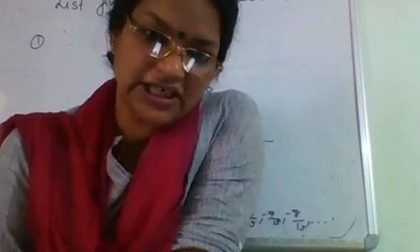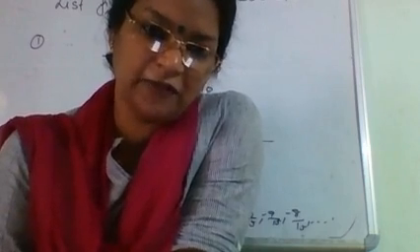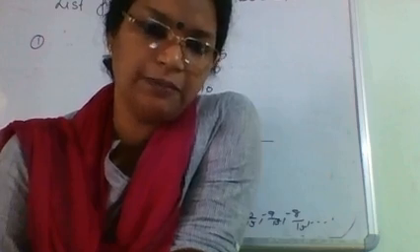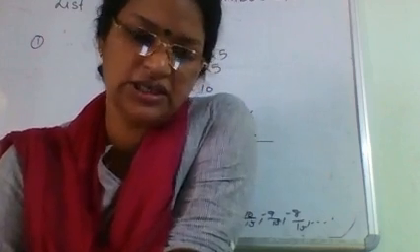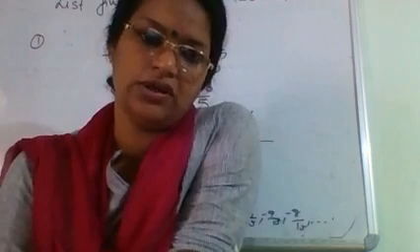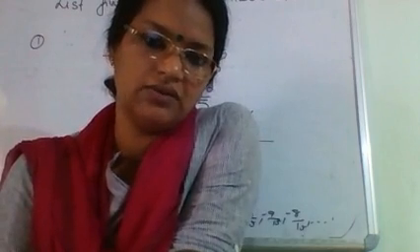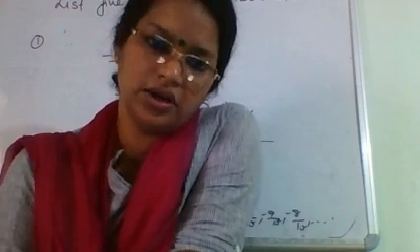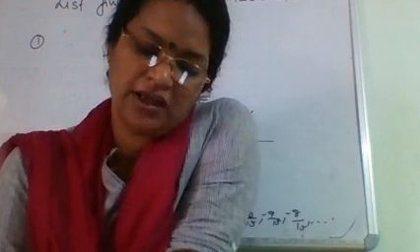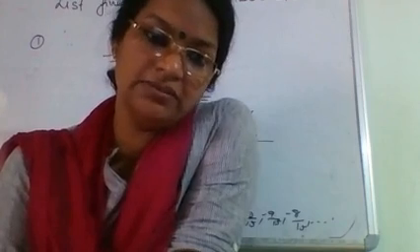What is a rational number? A rational number is in the form of p by q, where p and q are integers. Q should not be equal to 0. If the denominator is equal to 0, your number is not defined. And what about positive rational numbers and negative rational numbers?